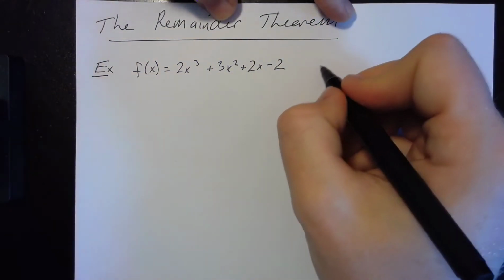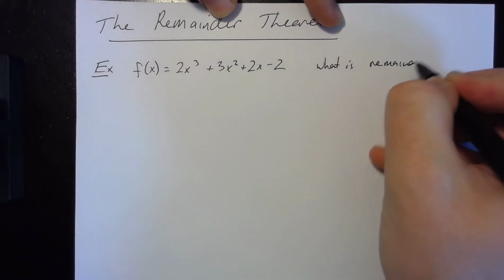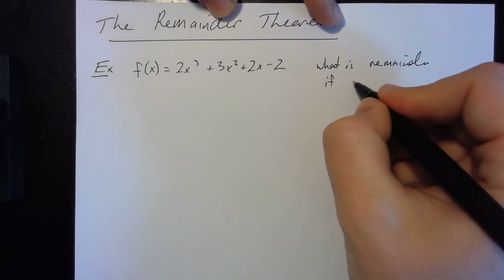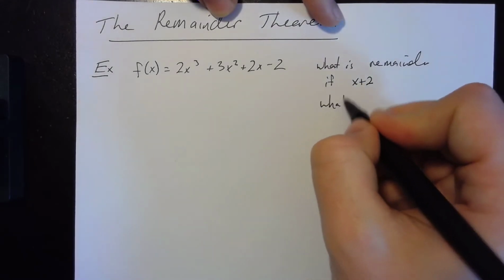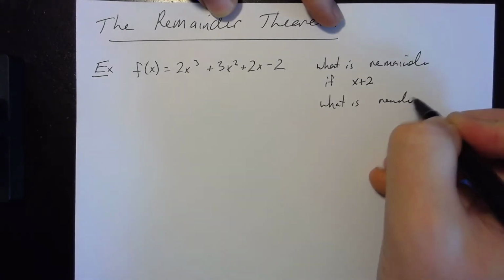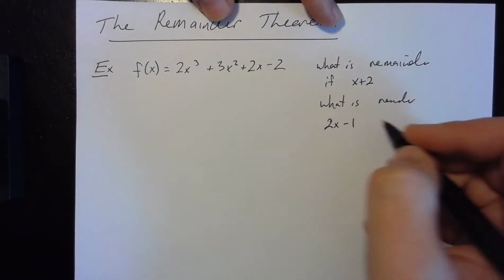And I want to determine what is the remainder if I'm dividing by x plus 2, and what is the remainder if I'm dividing by the factor 2x minus 1.